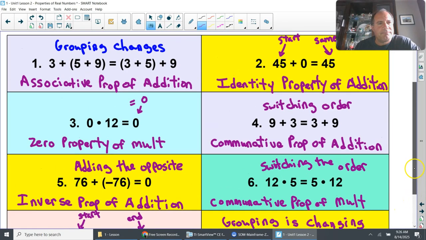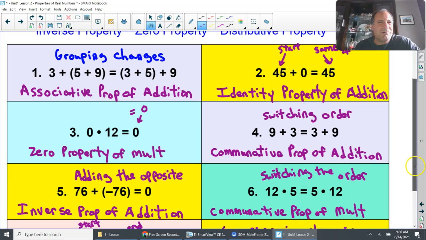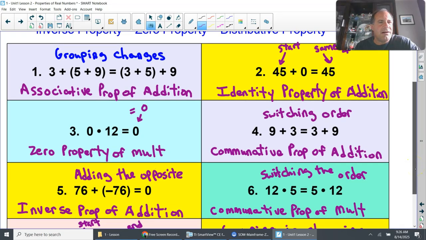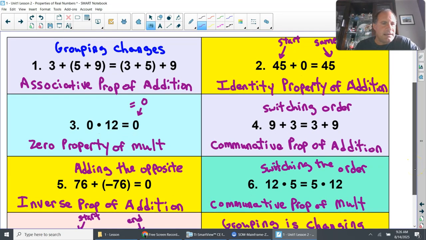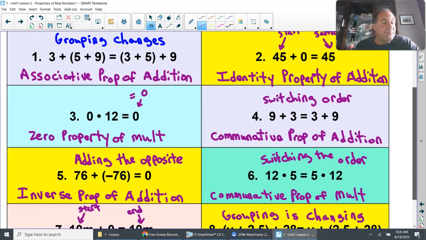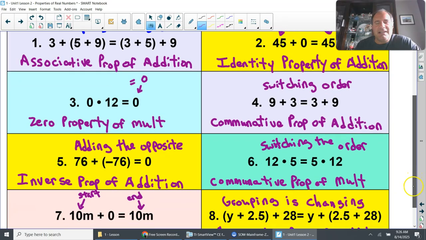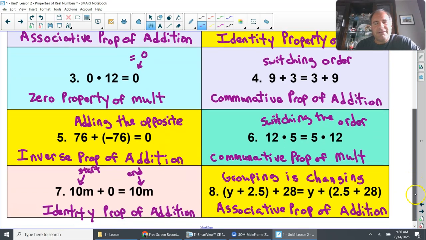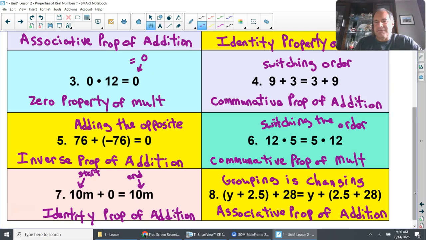Okay. Just remember, the trickiest ones, I would say, are the associative property, the identity property, the inverse property. I guess I just named almost all of them. But this is basically memorization. Very few times do I say that in math, but you do have to understand it a little bit.